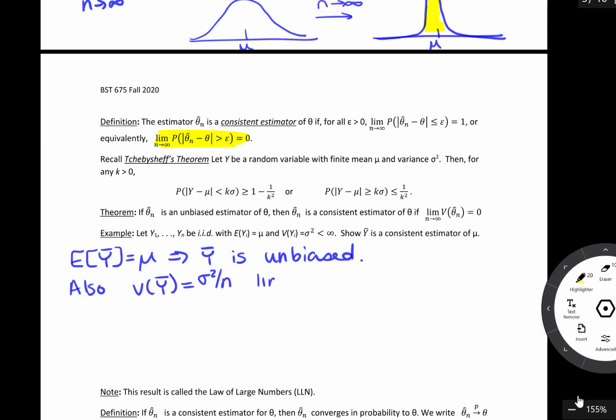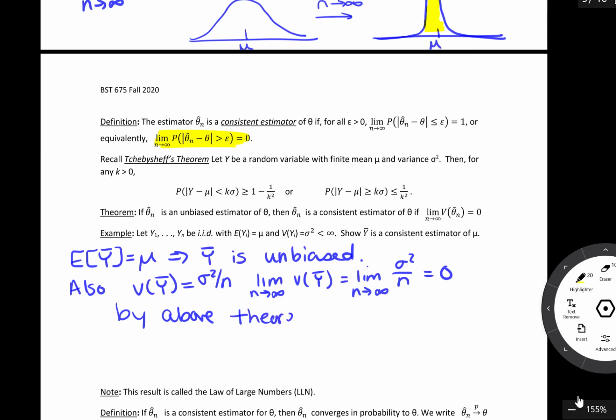So if we look at the limit as n approaches infinity of the variance of y bar, that's equal to the limit as n approaches infinity of sigma squared over n, which obviously equals 0. So then by the theorem, y bar is a consistent estimator of mu.